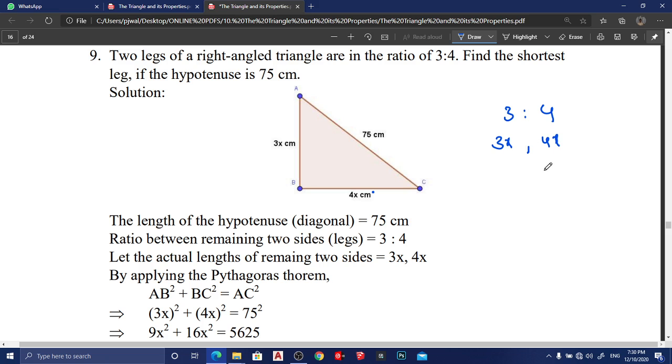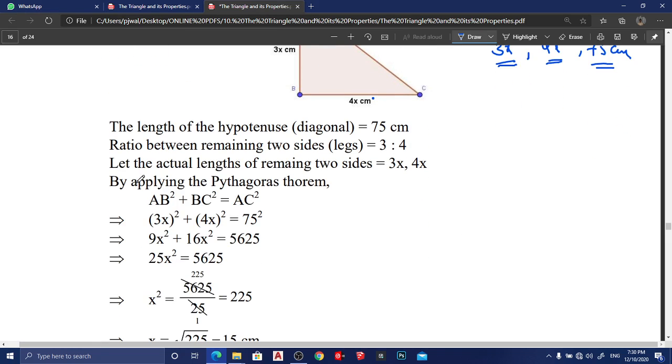You know this concept. So now one of the sides will become 3x centimeters, and another side will become 4x centimeters. The third side is given as 75 centimeters. Now you know all the three sides. By applying the Pythagoras theorem, you can find out the x value here. So let the actual lengths of the remaining two sides be 3x, 4x.